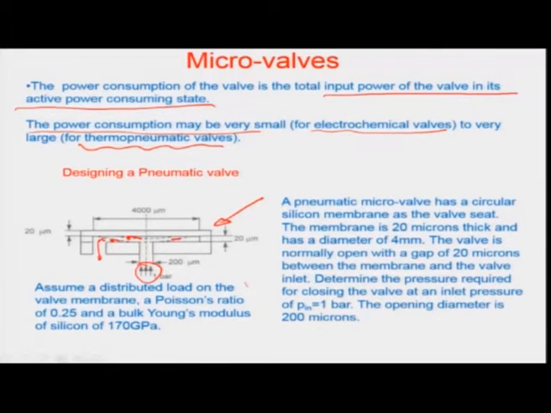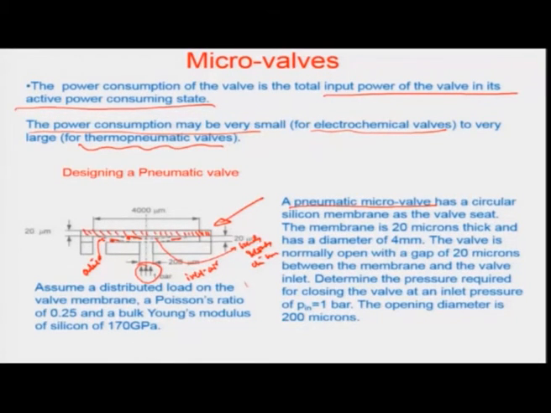And so, the idea is that if I wanted to stop the inlet air from going into the outlet side, we need to do something with this member right here, which is hashed, and we need to make sure that this member bends and touches just as it is shown in the dotted line here. So, it bends and touches the base, so that it can cut off the air passage from the inlet to the outlet side. So, we want to design a thermopneumatic actuation process for this.